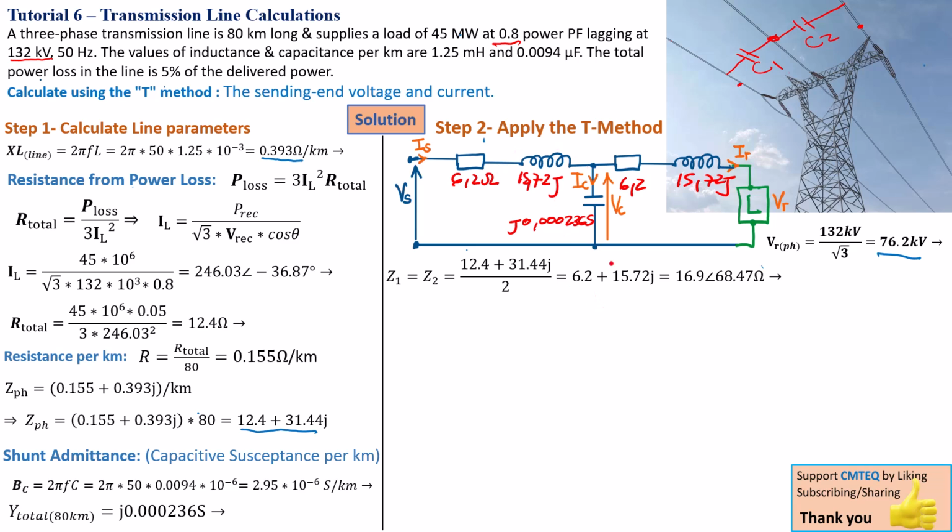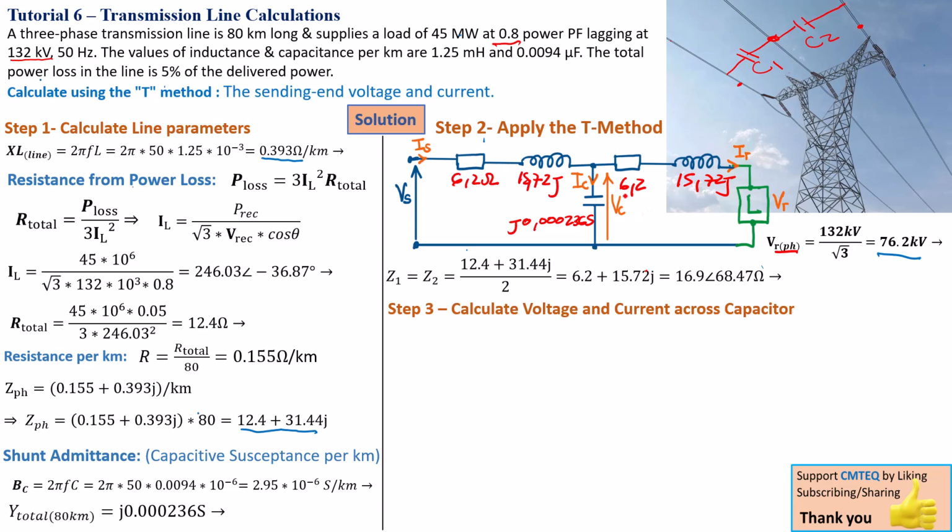Now we can go ahead to the next step, which is step 3, to calculate the voltage and current across the shunt capacitance, okay, across the shunt admittance. So to compute this voltage, you can basically compute your KVL, Kirchhoff voltage law here to find that voltage, but we're not going to go through that.